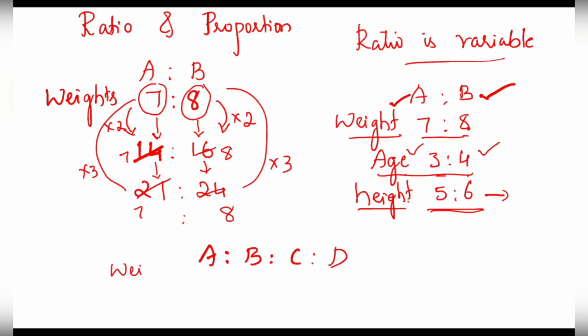That is, if I say weight, then it should be weight only of all the 4. If I say age, it should be age only of all the 4. So this means that ratio is a relation between two or more elements of same kind.